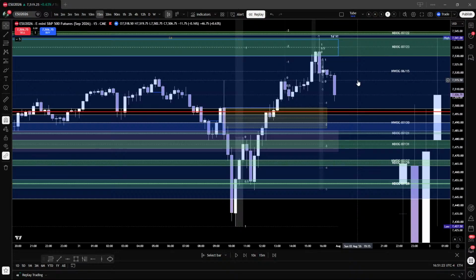And that's the very basic thing that ICT is teaching. Price likes to go back to inefficiencies, where price was moving so fast that it left some liquidity behind. So it wants to go back, purge that liquidity, and then continue in the other direction.